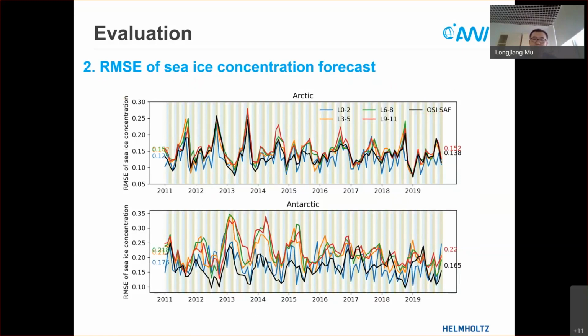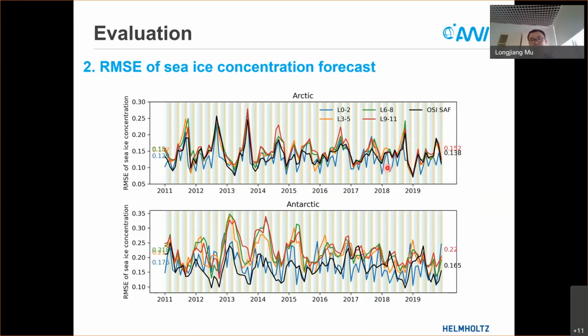So, for example, if we want to get the observation forecast for 2018, we just take the average of 2011 to 2017, and we use this value as the forecast for 2018. So this is the observation forecast.